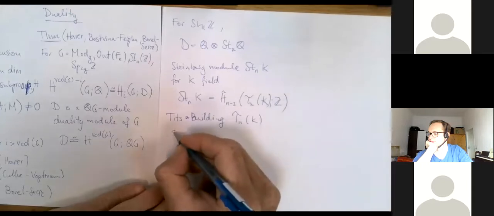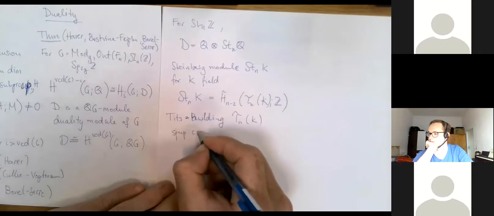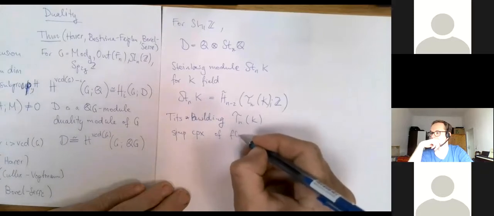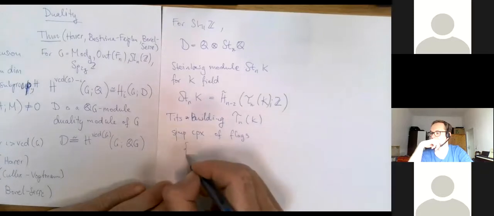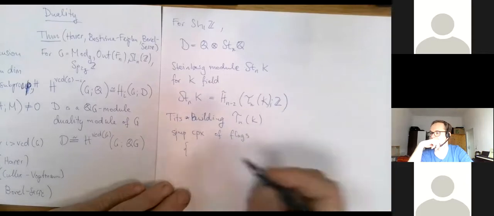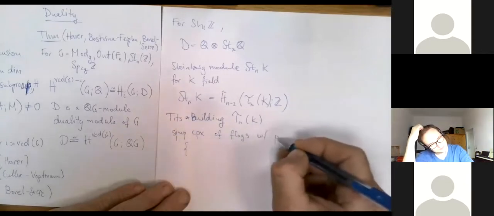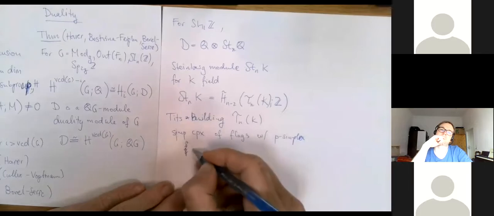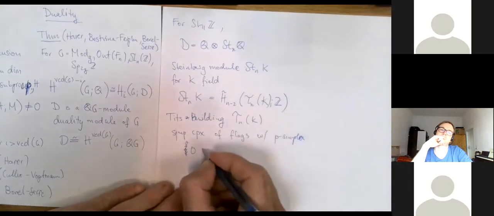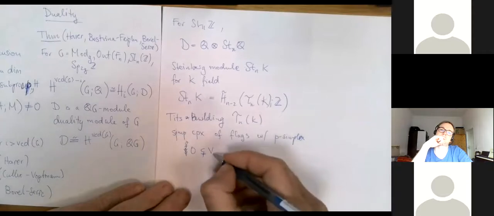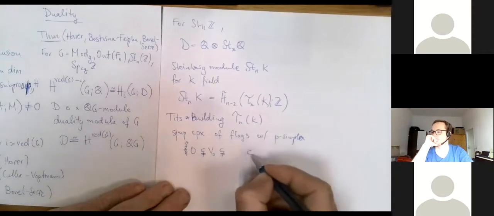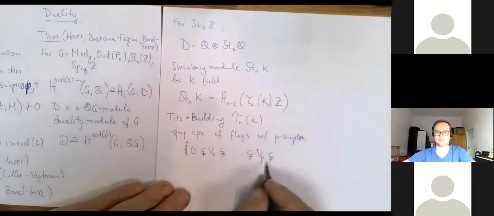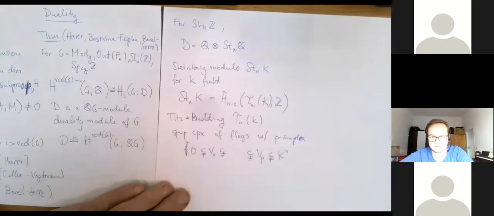And the Tits building is a simplicial complex of flags. That means a p-simplex is a chain of subvector spaces of k to the n, in particular p plus 1 many of these that are chained like this.